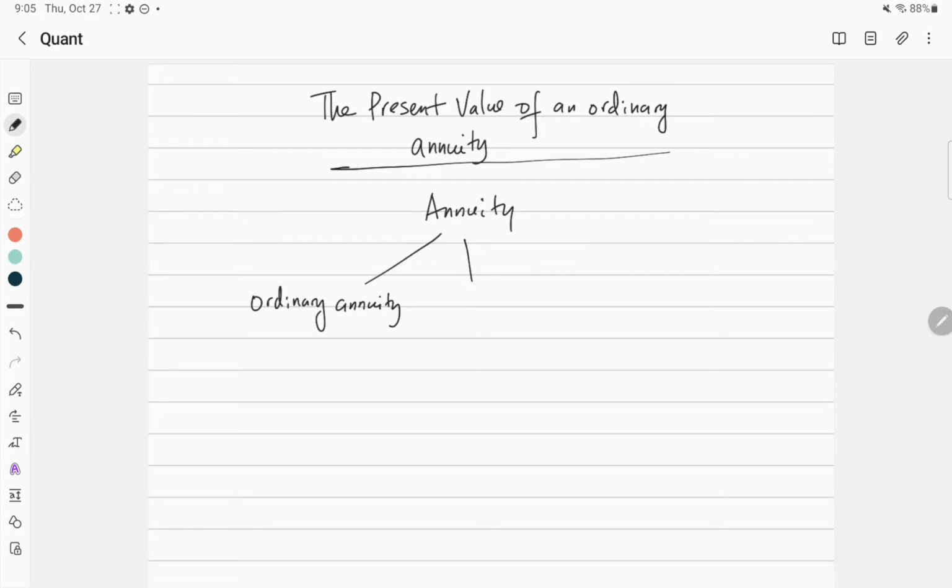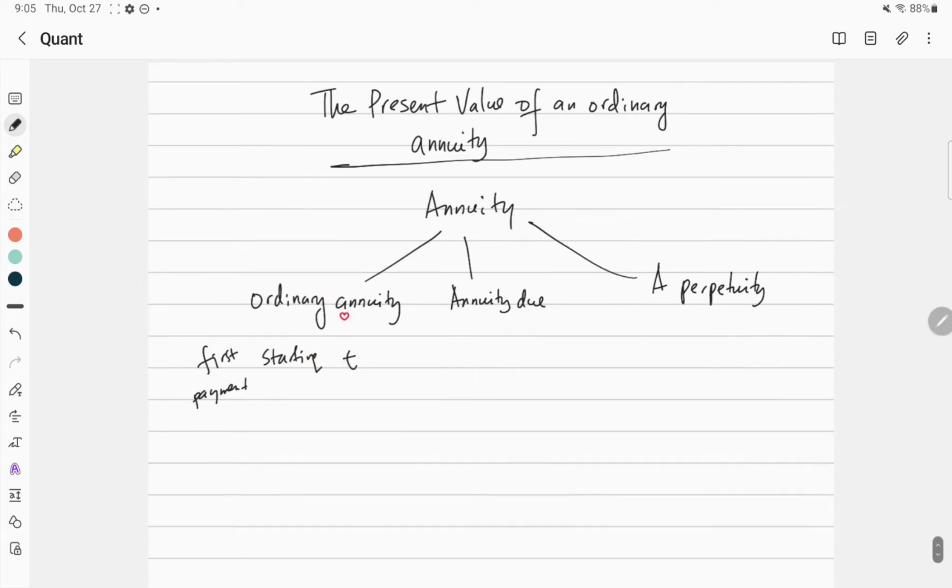We've explained this in previous videos. This is just a refresher. And we have what's called annuity due, and we have a perpetuity. An ordinary annuity has a series of cash flows occurring in the future, with the first payment starting at one period from now, at time t equals 1.